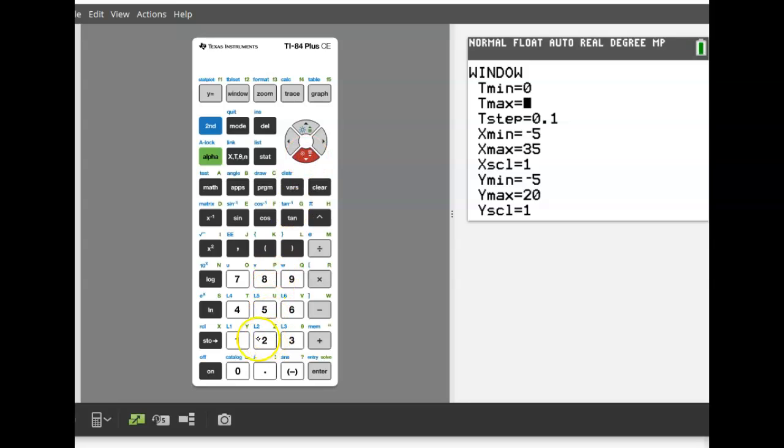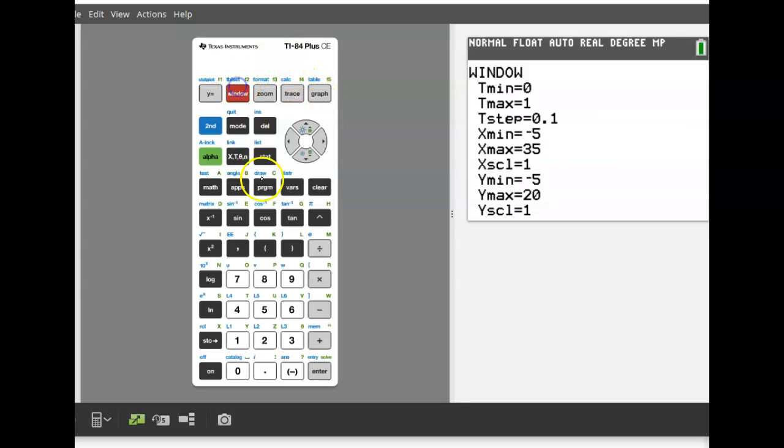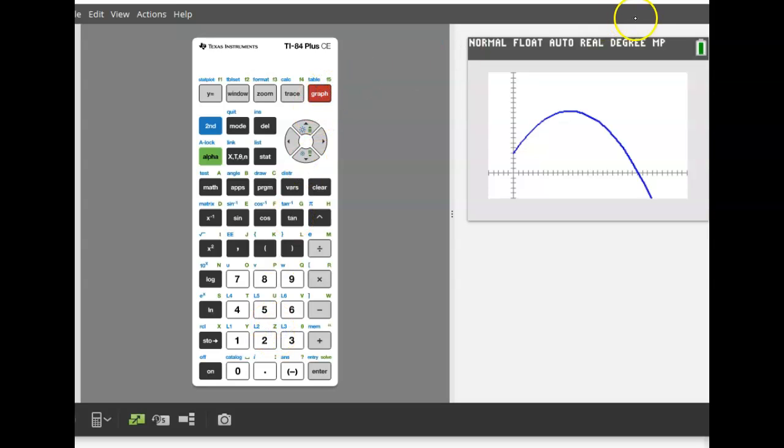I just want to show you what happens, guys. If you change the window to 1 second, look what happens. Does the ball stop in midair? No, but we stopped graphing it in midair because we didn't give it enough time to continue its path, okay? So 2 seconds might have been enough for it to hit the ground.